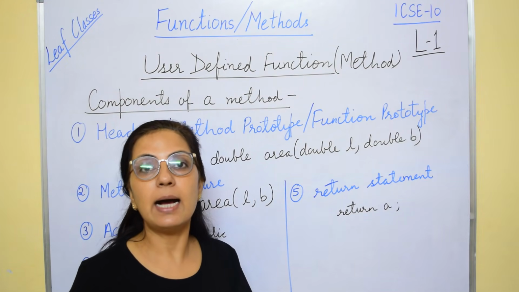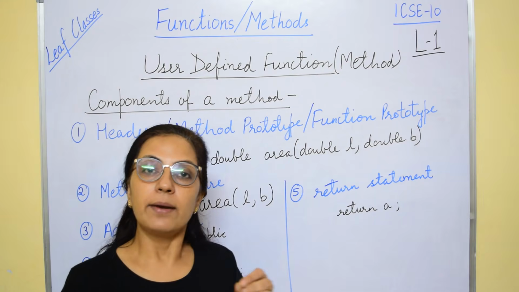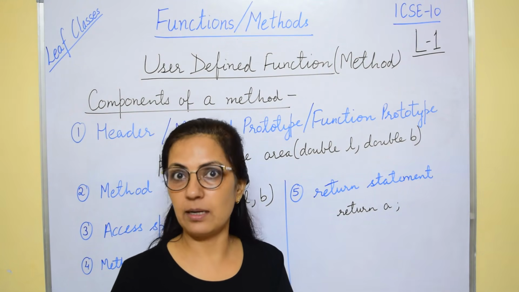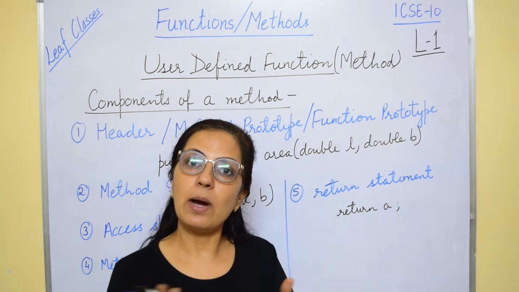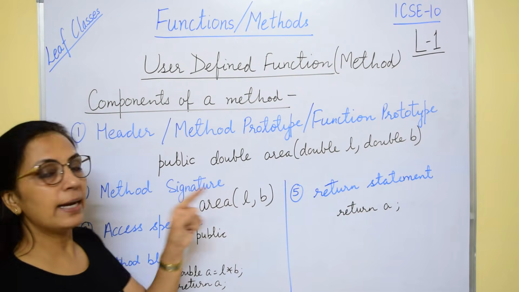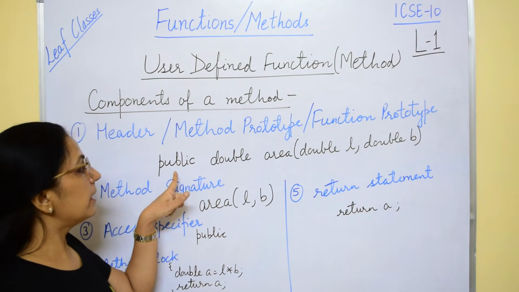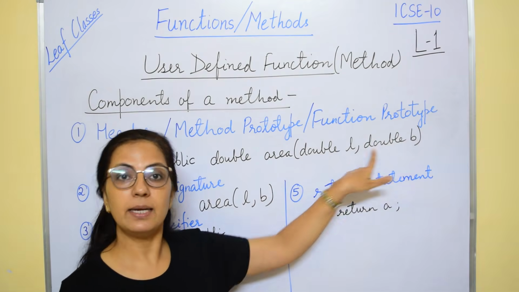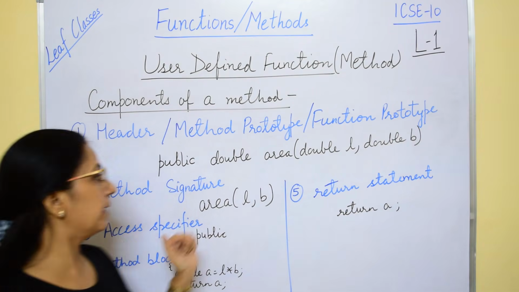This question is asked in the exam also. Write the function prototype for the following, and a statement is given and you have to write the function header for that, okay. So the function header in the example we took is public double, the function name and the parameter list along with the variable names.